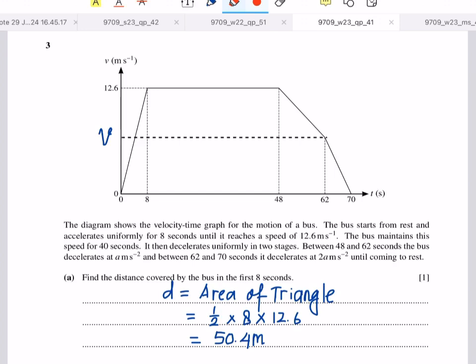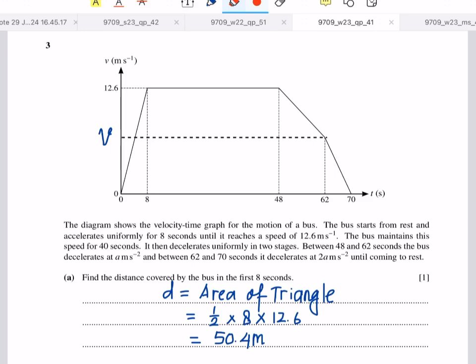It then decelerates uniformly in 2 stages. Between 48 and 62 seconds, the bus decelerates at a meters per second squared, and between 62 and 70 seconds, it decelerates at 2a meters per second squared until coming to rest.